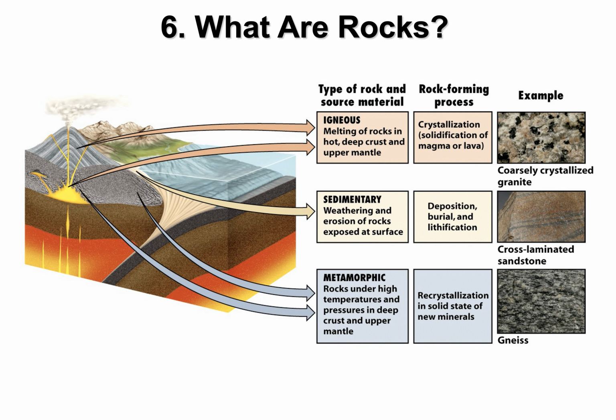So we have 3 different rock types: igneous, sedimentary, and metamorphic. The metamorphic rock always needs a precursor, and this precursor can be an igneous rock, a sedimentary rock, or another metamorphic rock.